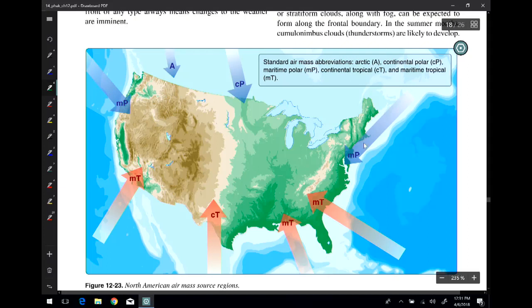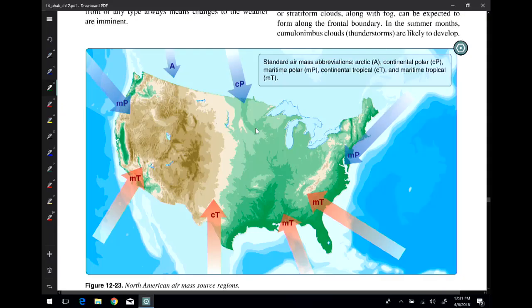The maritime air spends most of its time with that air mass over water. So do you think it picks up a little moisture over the water? Yep. So that air typically tends to have a higher water content than air that spends most of its time over land.